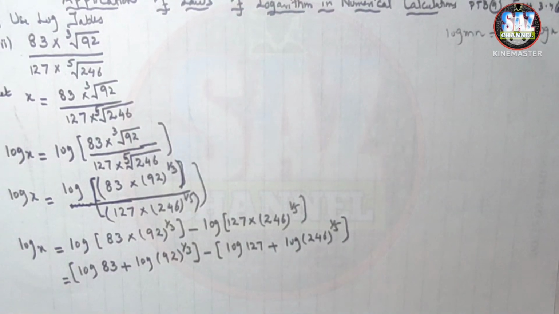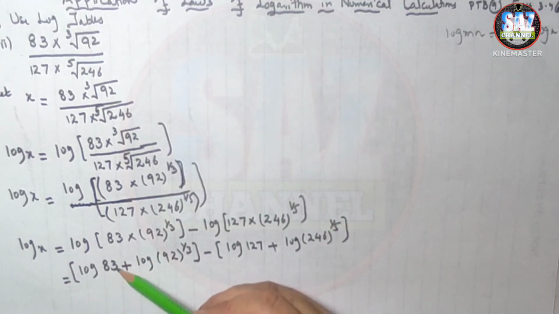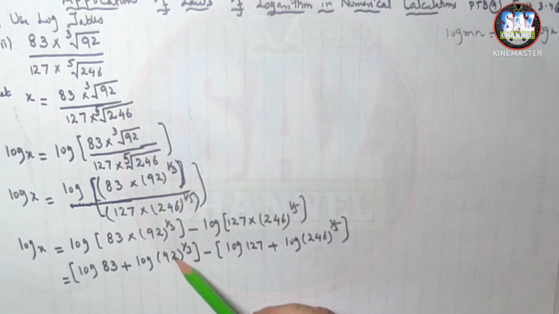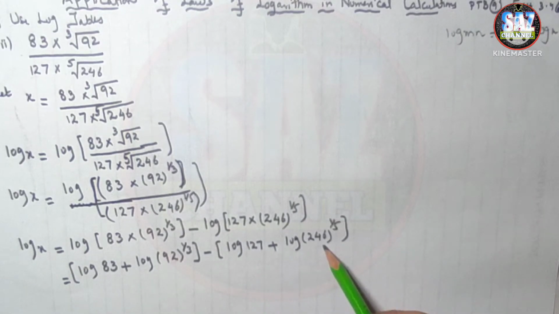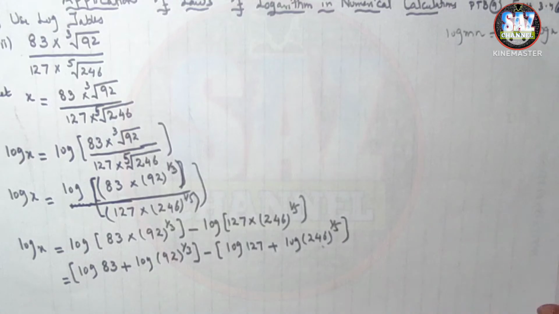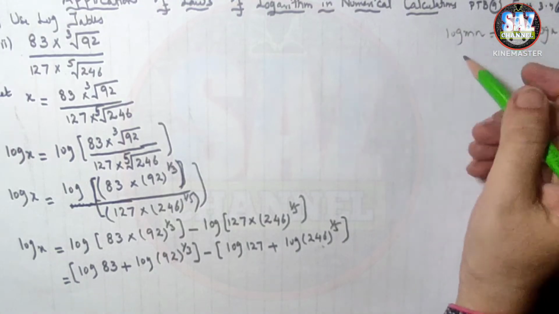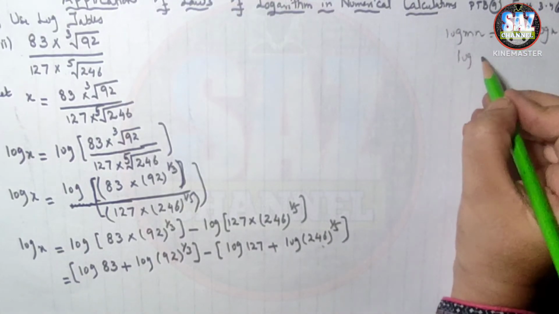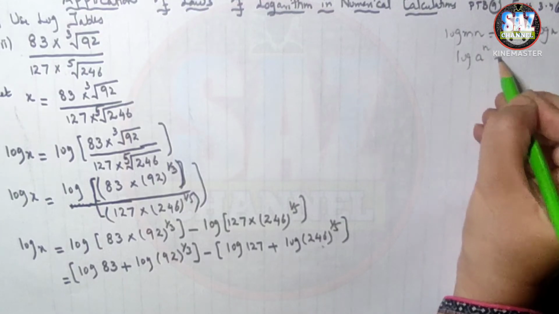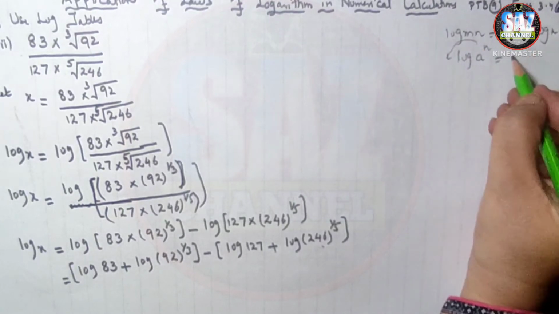Now here in the beginning I have applied the product law of logs, but if we look at the second part of the first bracket and the second part of the second bracket, they contain the power as well. So I have to apply log of a raised to the power n equals n log a, that is, I have to bring the index down.